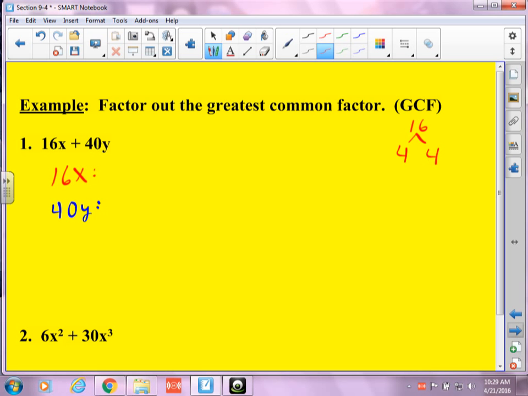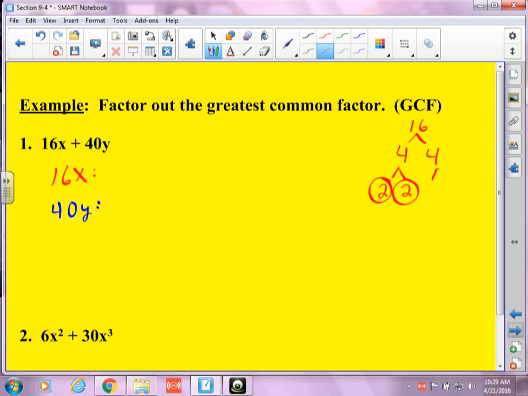Now there's other ways to break it down. Is 4 prime? No, it's not prime. So I'm going to break 4 down into 2 times 2, and these are prime, and I circle them. Please circle them when they're prime, because when you actually do the problem, it makes so much more sense.